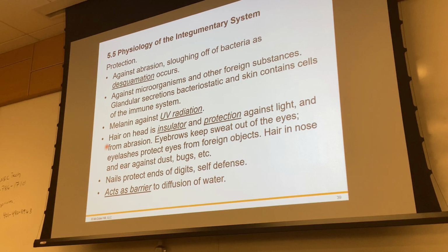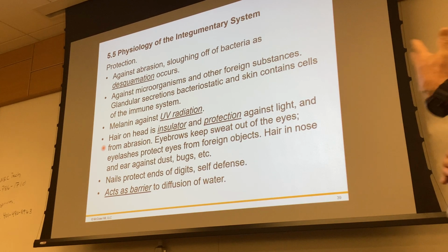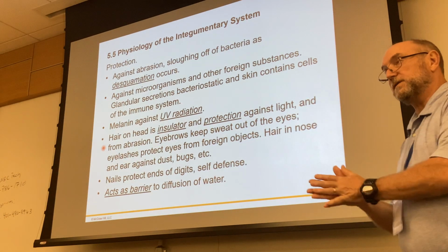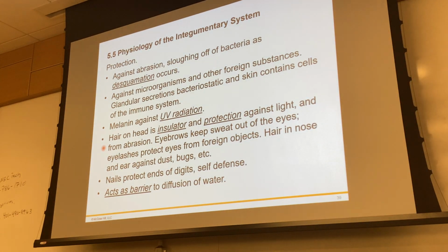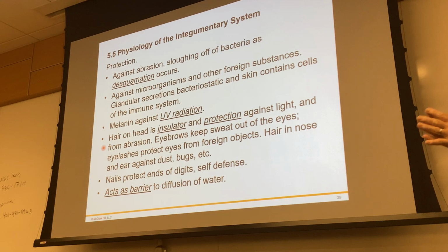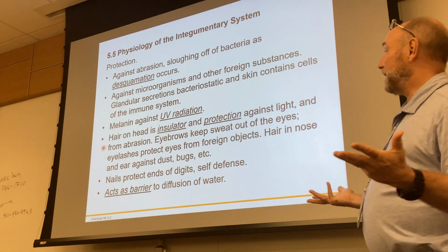So if we talk about temperature control, one of the major structures that we've built that is associated with temperature control is hair. So hair on the head, hair on the body can be an insulator. If it's an insulator, it can keep the body from getting warm, and it can prevent the body from getting cold. Both those things happen here.